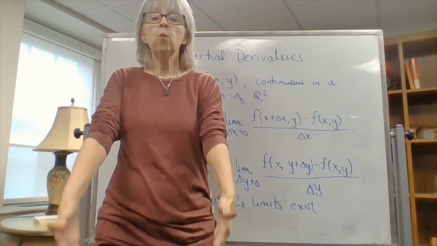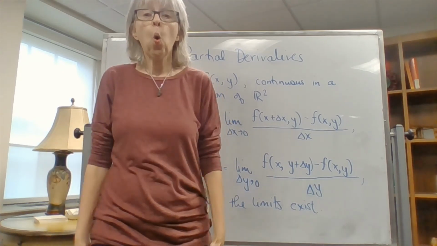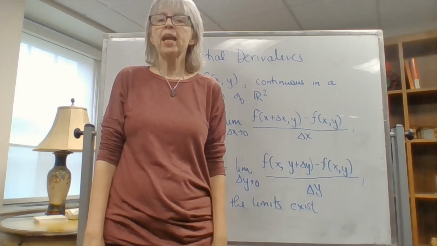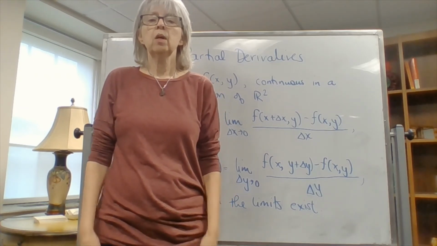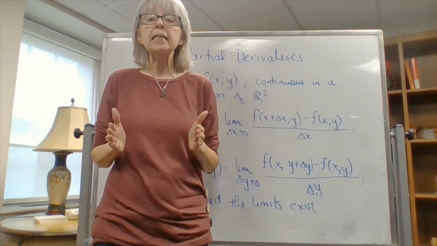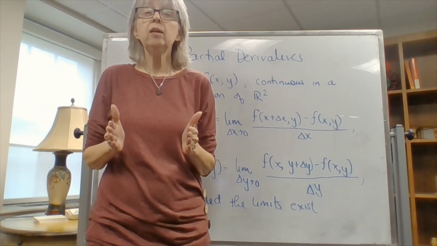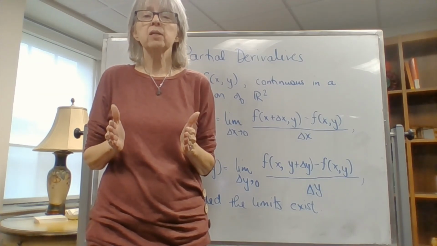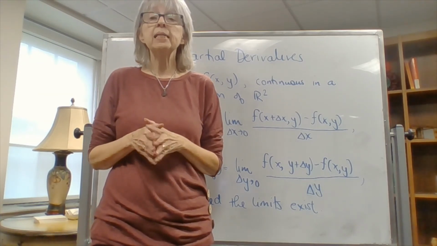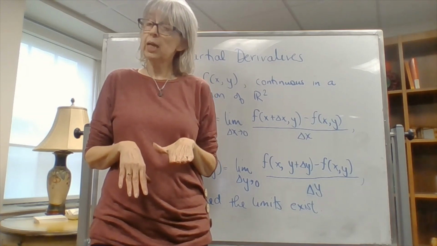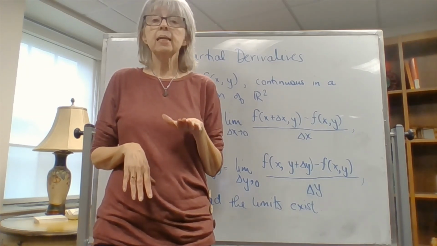I only walked in the x direction, only in the positive x direction. I did not change my y value. My y value remained constant, and I hopped a little bit forward in the x direction. And I want to see, did my height go up? Did my height go down? Did my height stay the same?